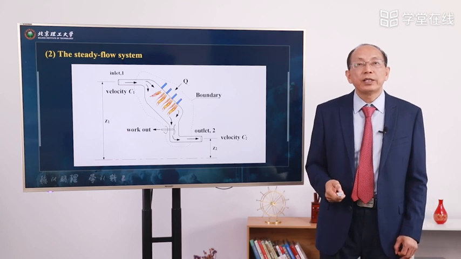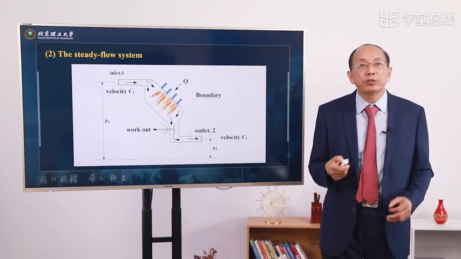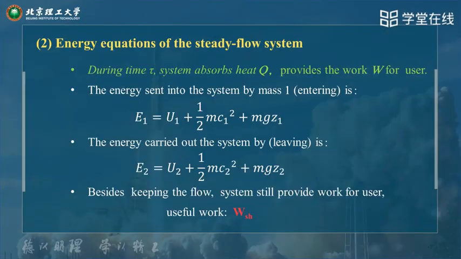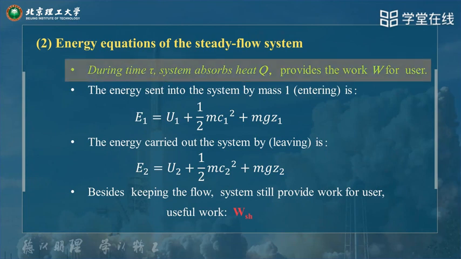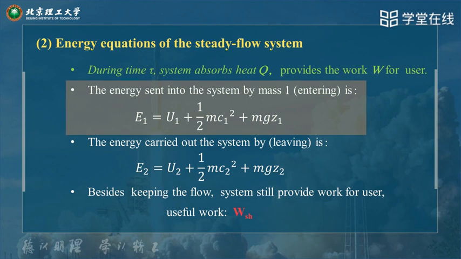For this system, we can build the energy balance equation. During some time tau, the system absorbs heat Q. Also, the system provides some work W for the outside. The energy carried into the system by the mass is E1.